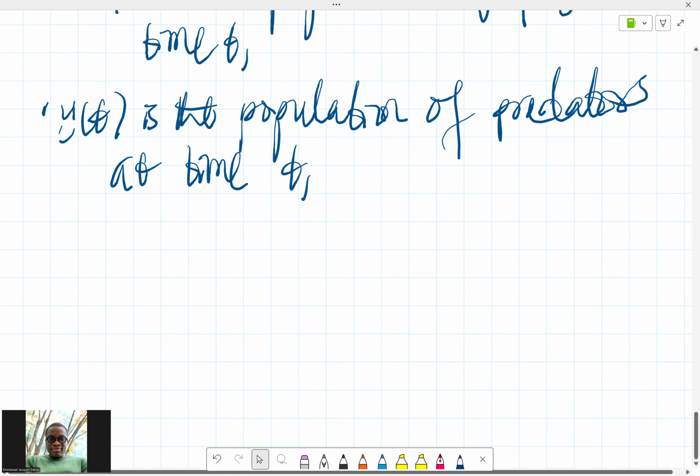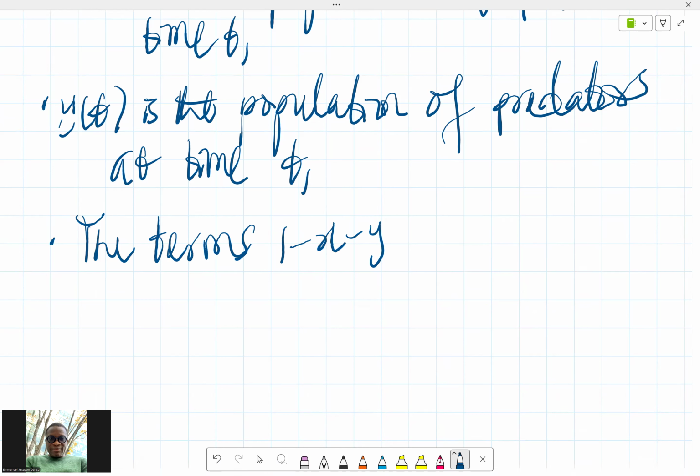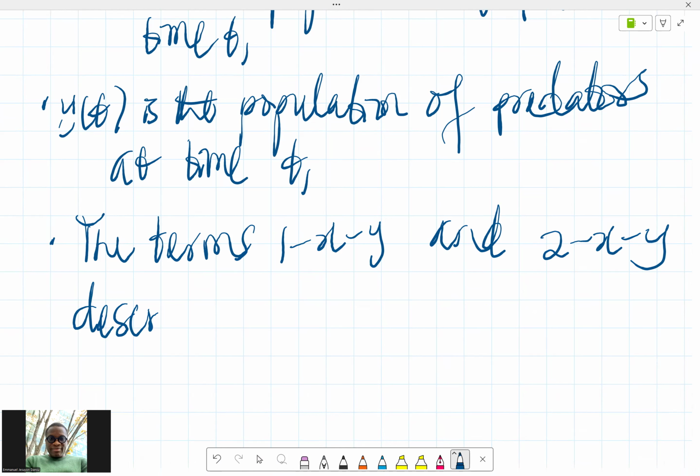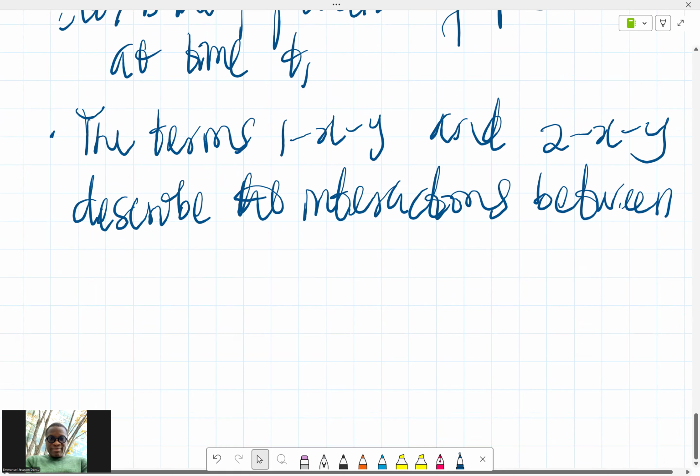Now look at these terms: 1 minus x minus y and 2 minus x minus y actually describe the interactions between the species.